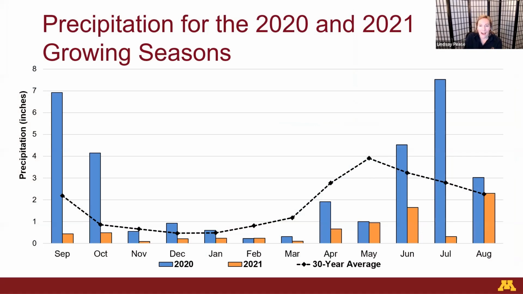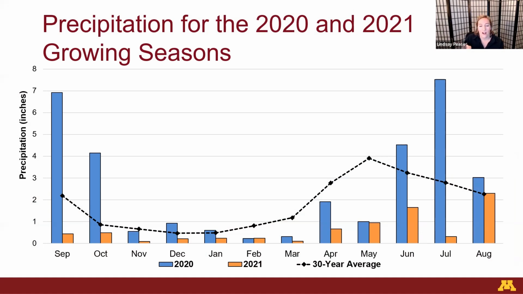But what we do have is the difference in these drained and undrained plots between 2020, which was really wet, and 2021, which was the worst drought that we'd had in a long time in Northwest Minnesota. So this is looking at precipitation and the differences in precipitation between those 2 years.